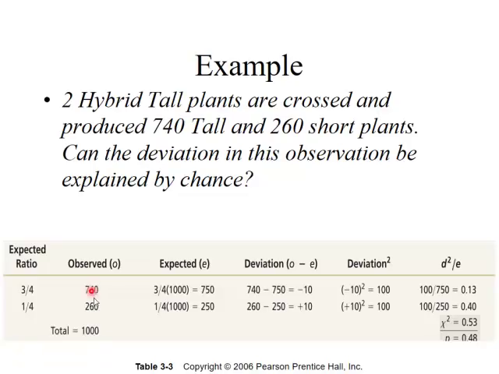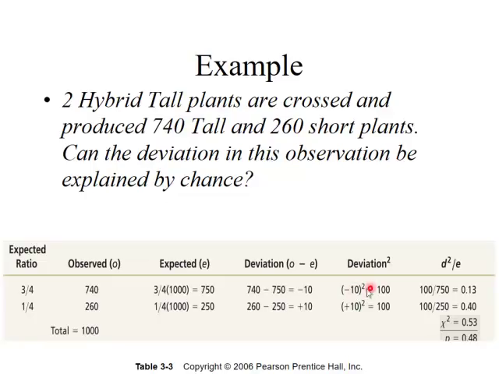Then you're going to say, what's our deviation? Our deviation is our observed minus our expected, so 740 minus 750. In this case, it's -10. And for the short plants, 260 minus 250 gives us +10. Then you're going to square this deviation.